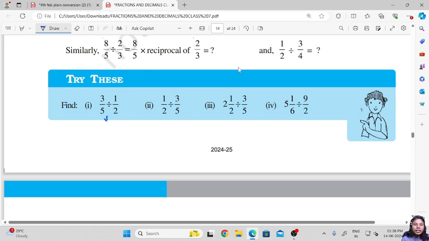So this one, what will we get? This will be into, if I have to write, 2 upon 1. That is the reciprocal. So 3 2s, we ignore this and we'll get 3 2s 6 upon 5. Okay. Then here we'll again write the reciprocal of 3 by 5, 5 upon 3. So 5 1s are 5 upon 3 2s are 6. Here now we have to convert this mixed fraction to improper fraction first.